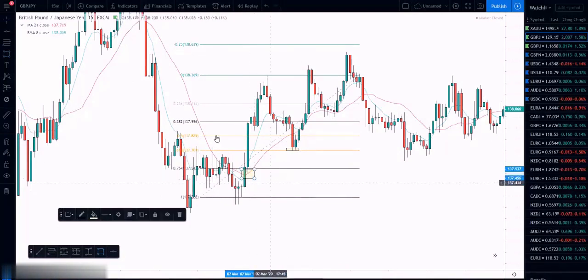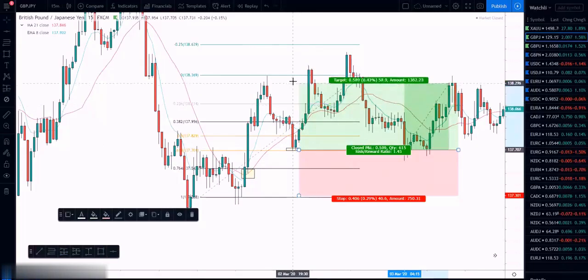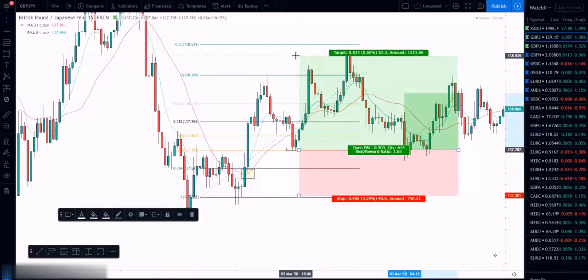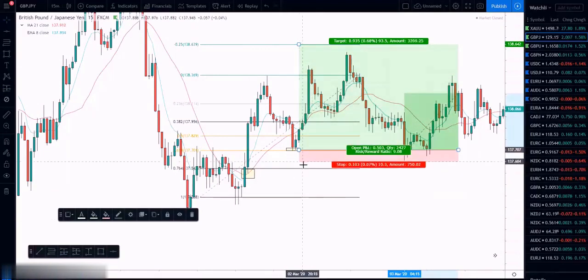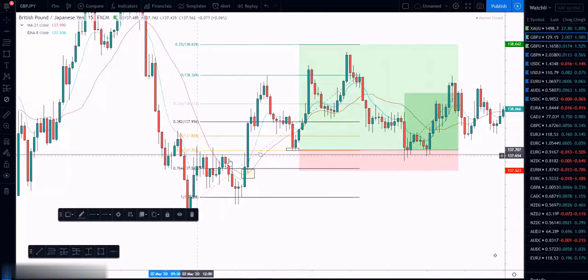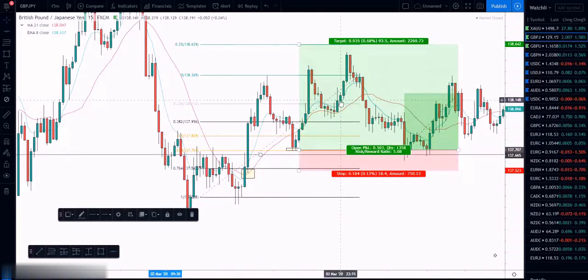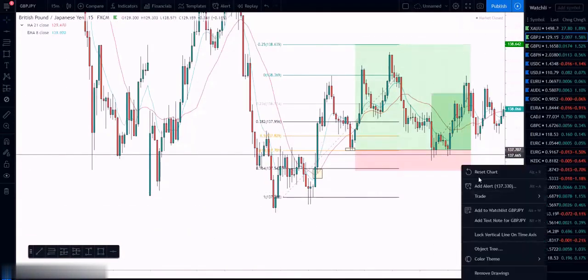Moving average crossover. Got our take profit set to there. Stop loss below. And look at this, support on some former resistance. Shot up for almost 93 pips. Beautiful setup. Let's keep looking at some more.